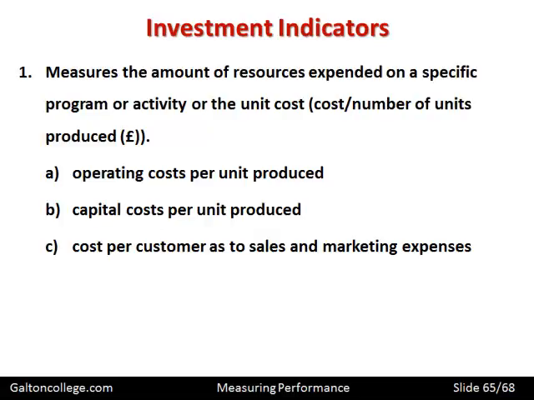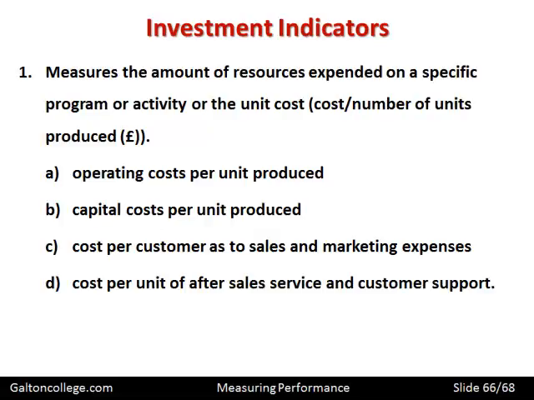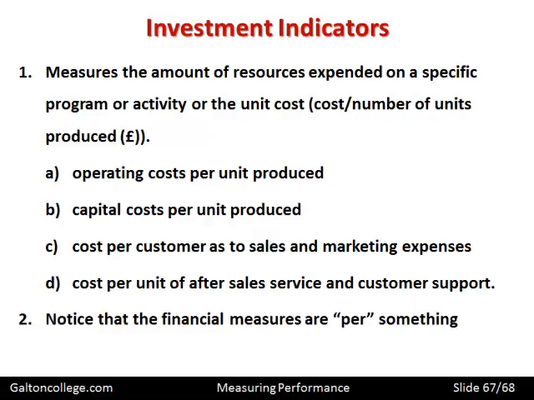How much does it cost to market the product? How much does it cost to sell the product? Again, it's an indicator. The cost per unit of after-sales service and customer support. So how much does it cost to look after customers after they've made the purchase? Because this is an important part of marketing. So how much does that cost?